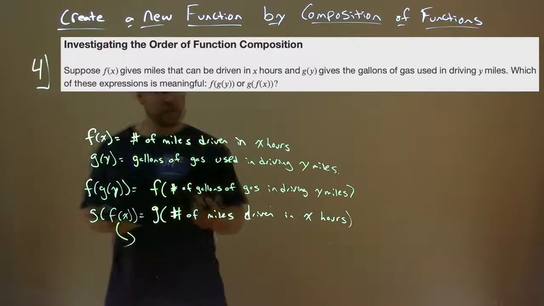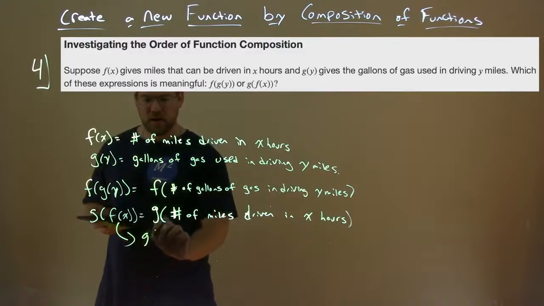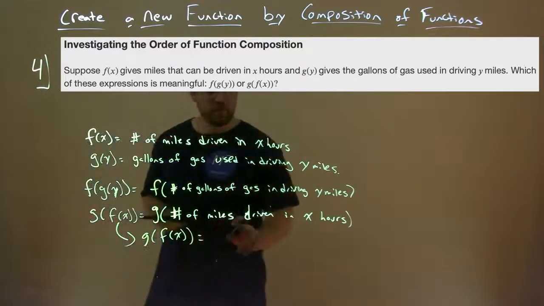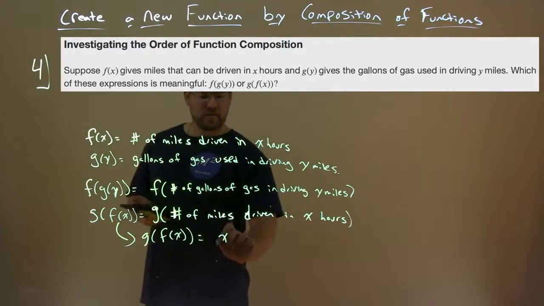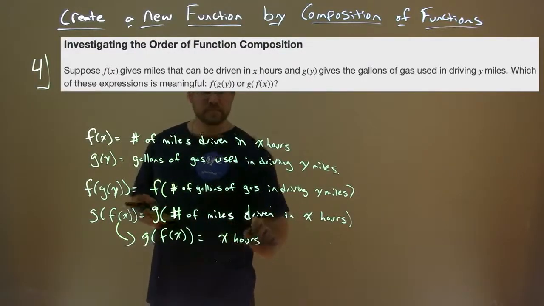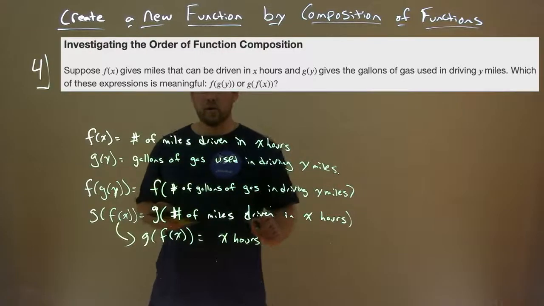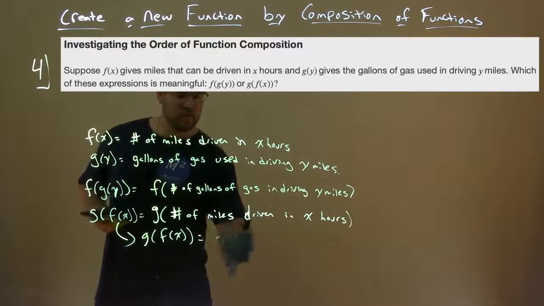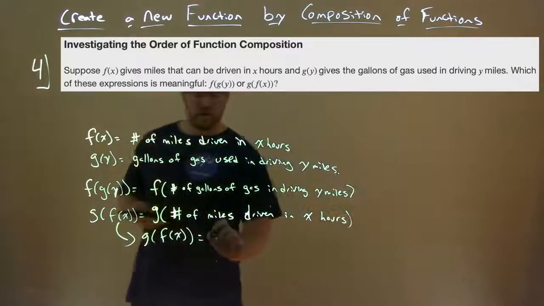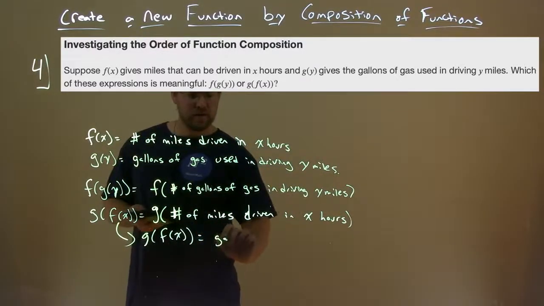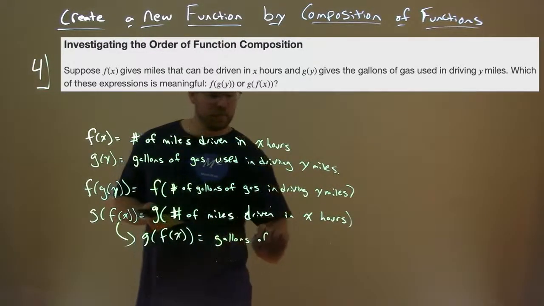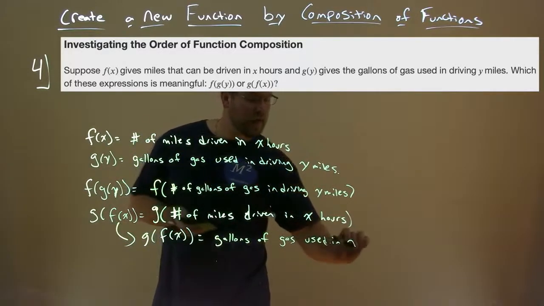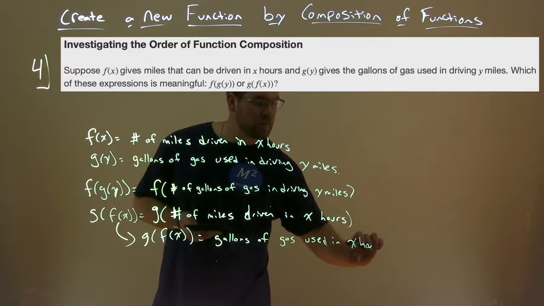What they're telling us here is that g of f of x, with our first input of x hours, gives us the number of gallons of gas used in x hours.